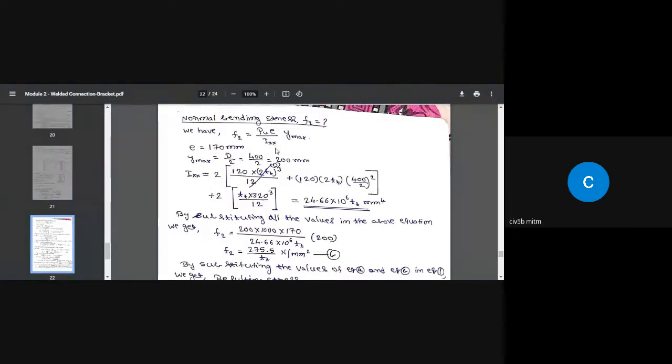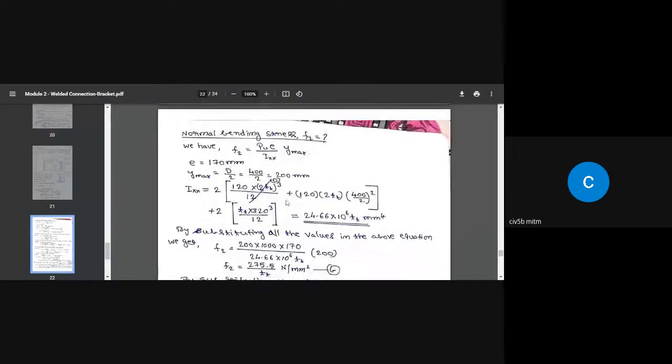Coming to IXX, the moment of inertia of the weld about the horizontal axis.